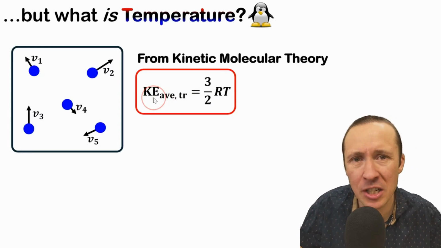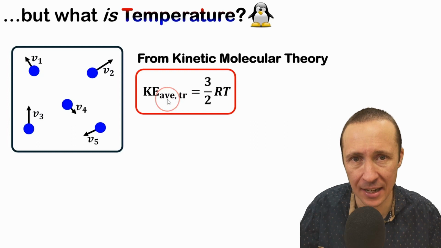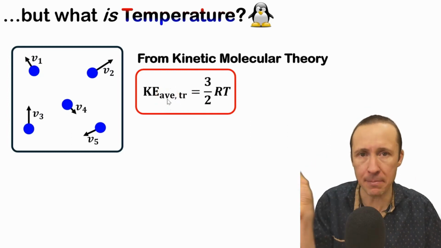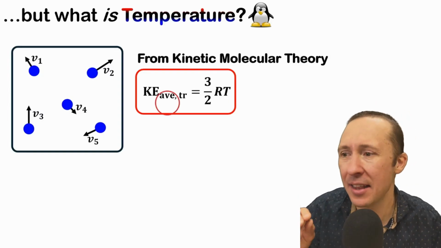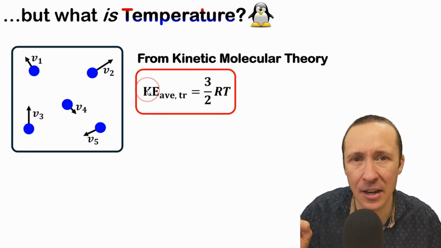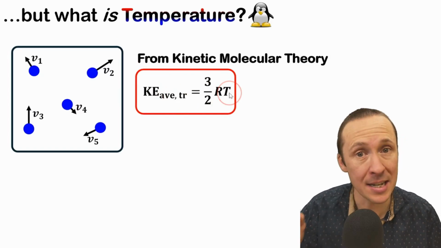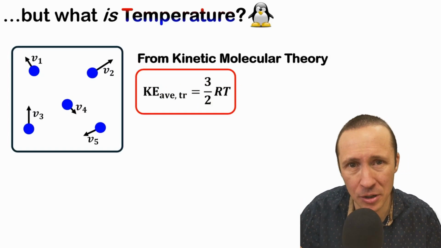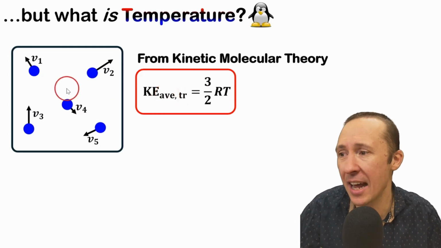But the average translational kinetic energy, so that's the kinetic energy due to motion, left, right, up, down, into and out, like X, Y, Z, that kind of motion. The average of that, of the whole system, is proportional to the temperature. So the temperature is a measure of the average translational kinetic energy.